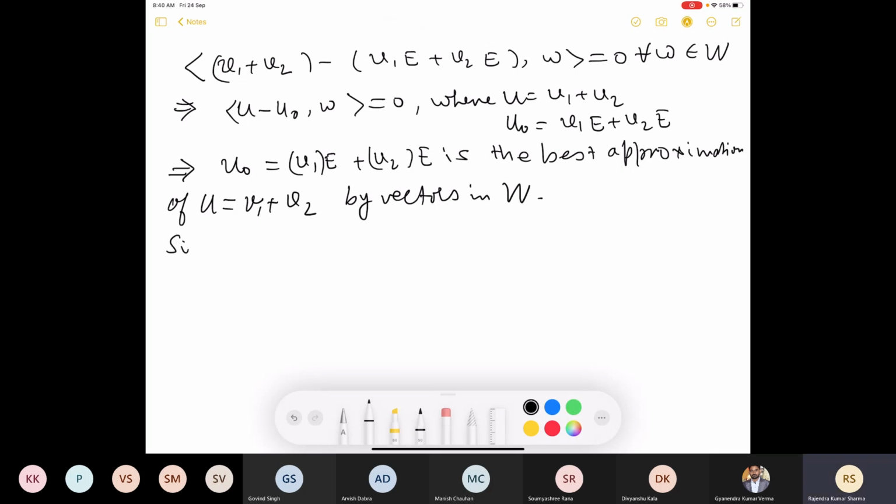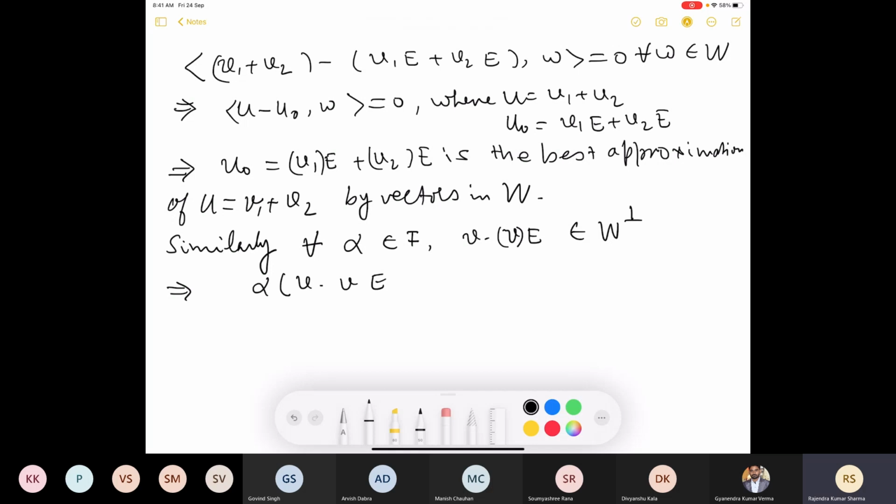And similarly, you can also prove that for every alpha in F, V minus VE in W orthogonal, we have that alpha times V minus VE is in the orthogonal complement.